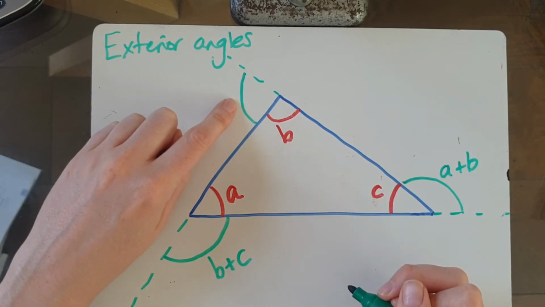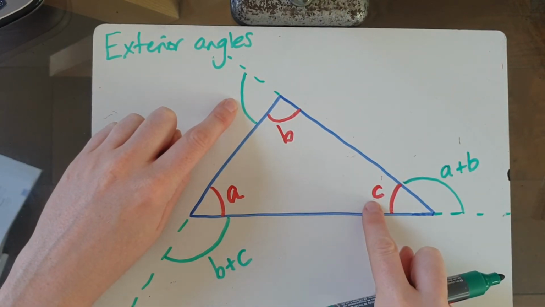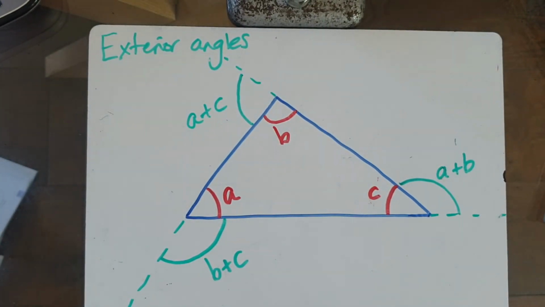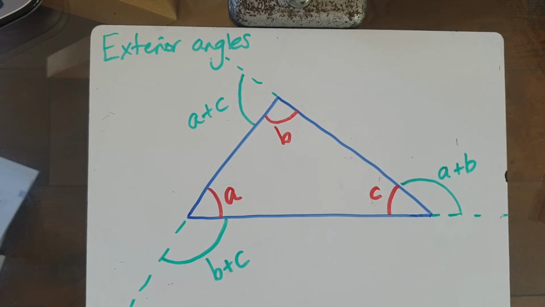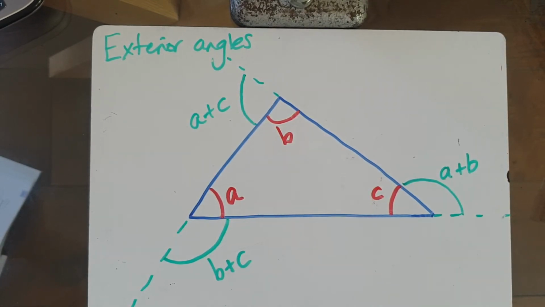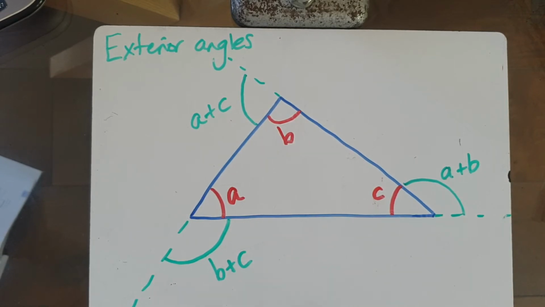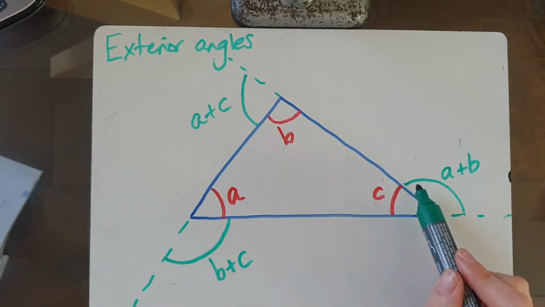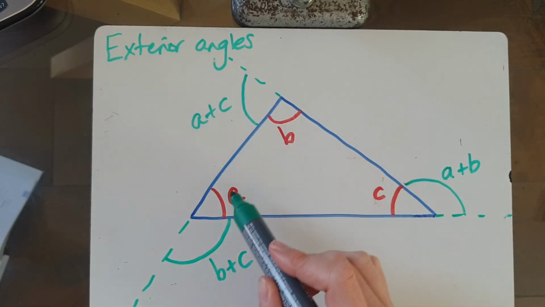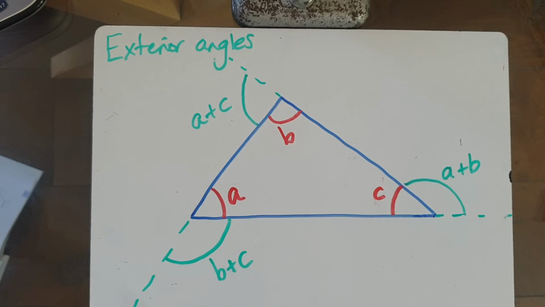This angle here will be the other two interior angles added together. Pause the video for a moment and have a think about why that might be. Okay, so why is the exterior angle at a point equal to the two other interior angles?